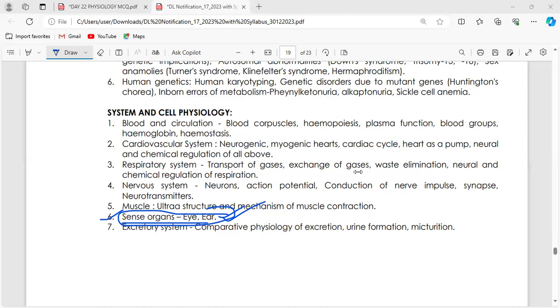Okay, then let me attach the extra information. I thought it was available there. Then I'll make some arrangements in tomorrow's class regarding the diagrammatic explanation of muscle contraction.